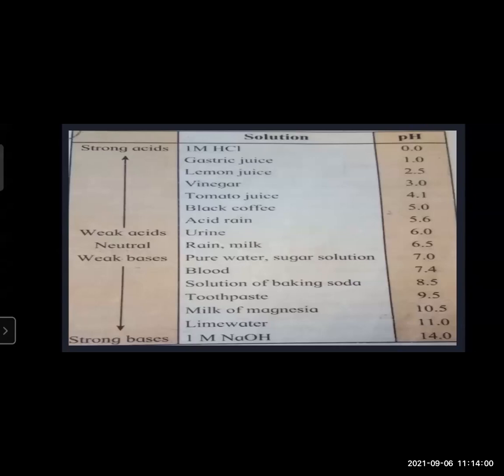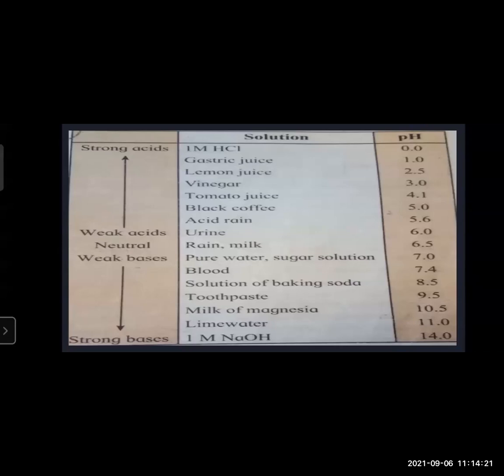Tomato juice, 4.1. Black coffee, 5.0. Acid rain, 5.6, very high, a strong acid. The next one is urine, 6.0.